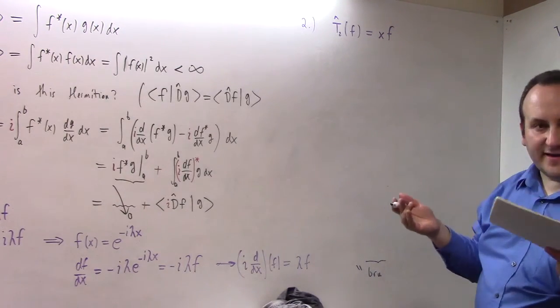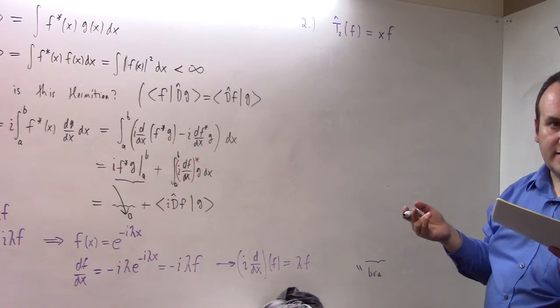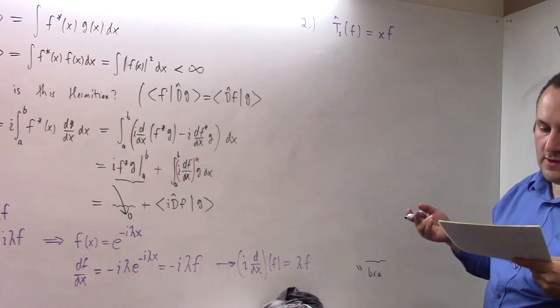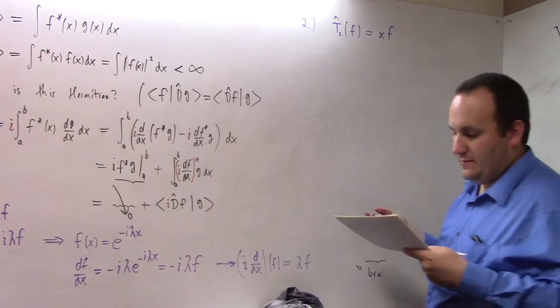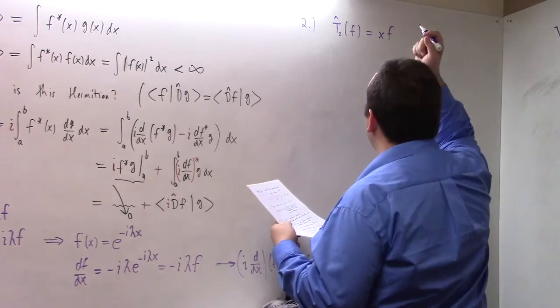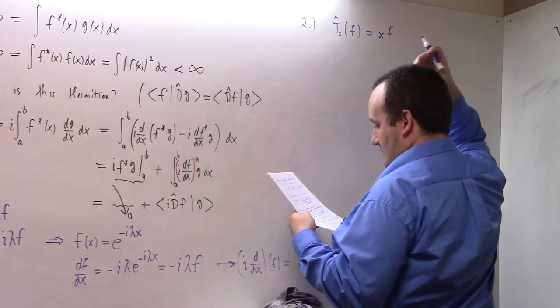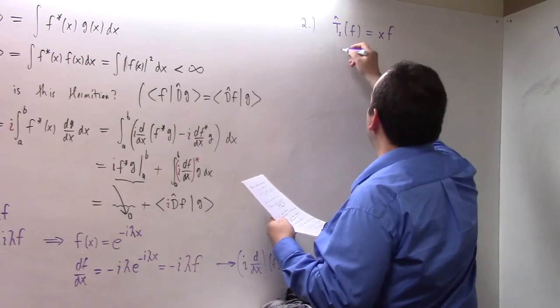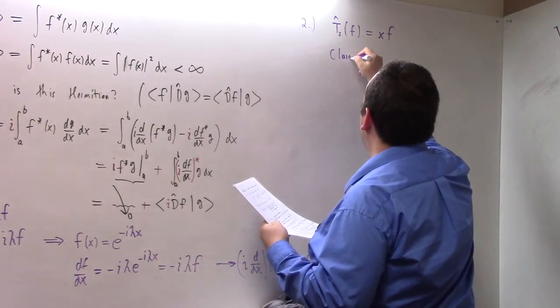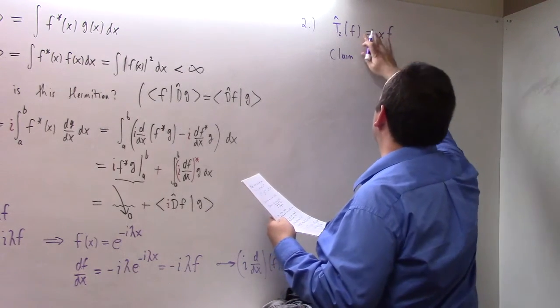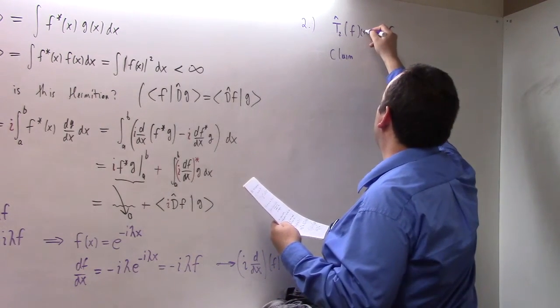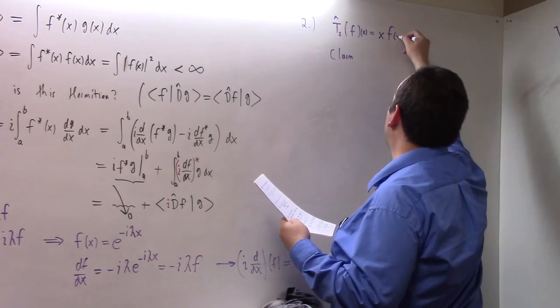So just multiply by x. This is a linear operator. And what's its eigenvector? So x is what here? If this is at x, this is equal to x times f of x.